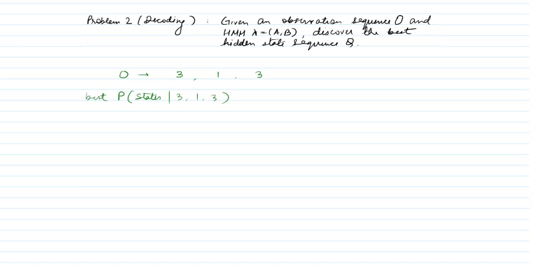So there can be a lot of probabilities. P of hot, hot, hot given 313, right? So hot for this one, then hot for this one, then hot for this one. There can be more. We can have a lot of sequences of states: hot, cold, hot given 313.